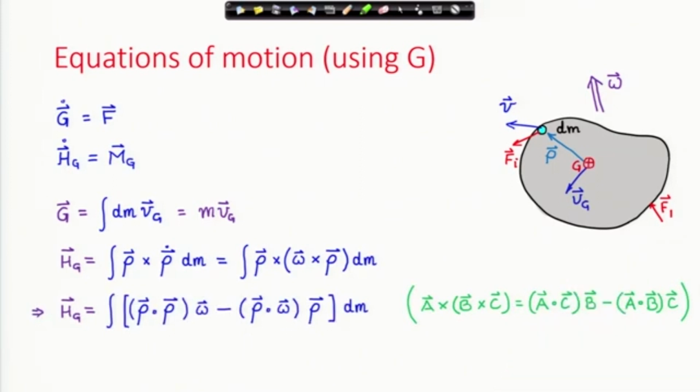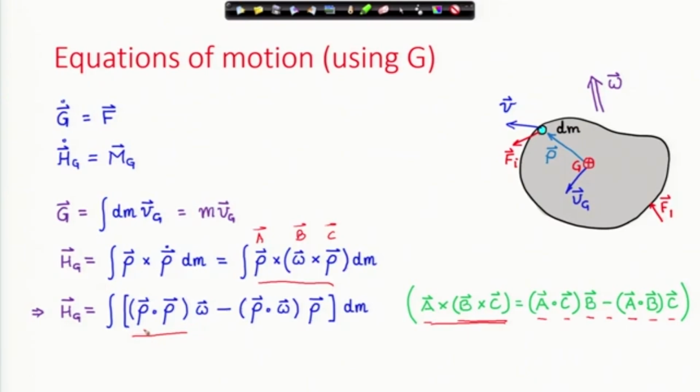Now, if you use this vector algebra identity, which says vector A cross B cross C is vector A dot C times B minus vector A dot B times C. If I use this identity here, so this is our A, this is B, this is C vector, then you will arrive at this simplification.